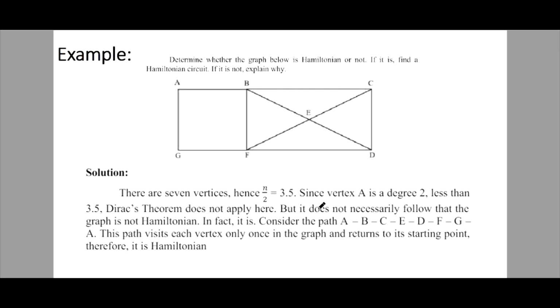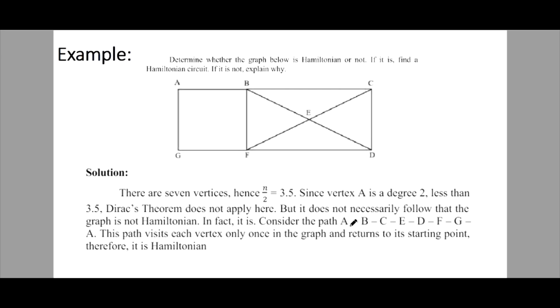But it does not necessarily follow that the graph is not Hamiltonian. That is why, if the premise or the condition is not satisfied, then we cannot negate the conclusion that there is no Hamiltonian circuit. In this particular example, we cannot use Dirac's theorem, but we can find a circuit.